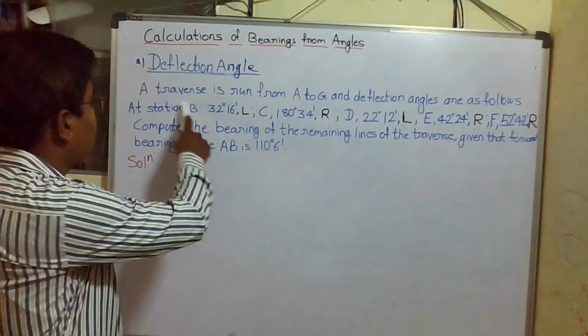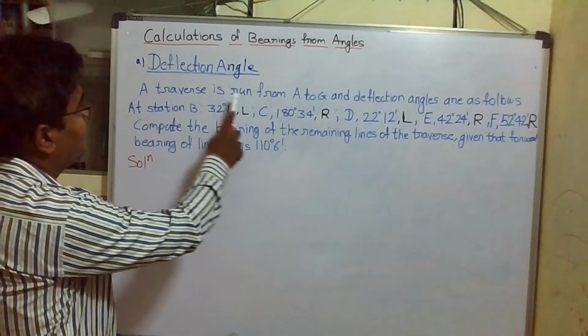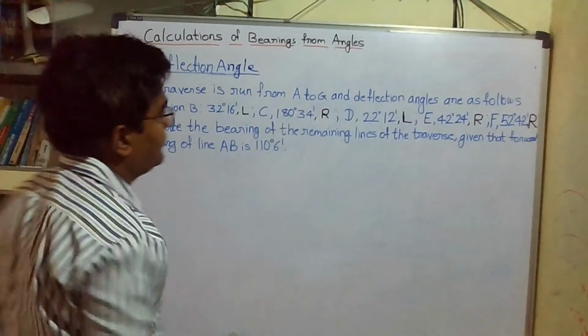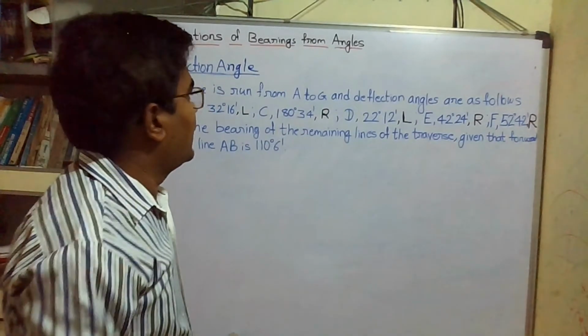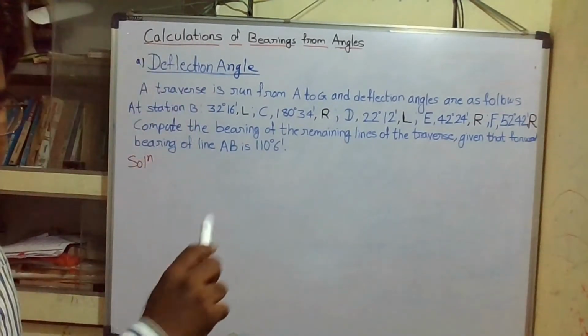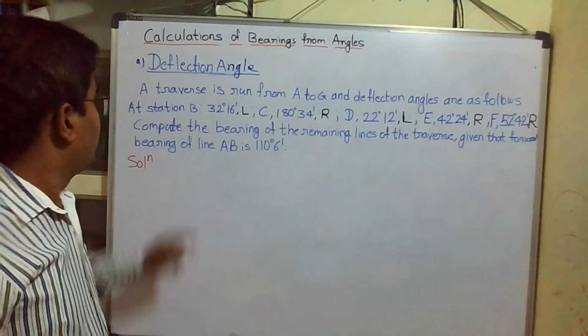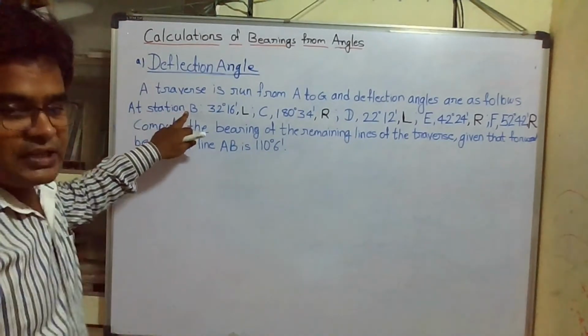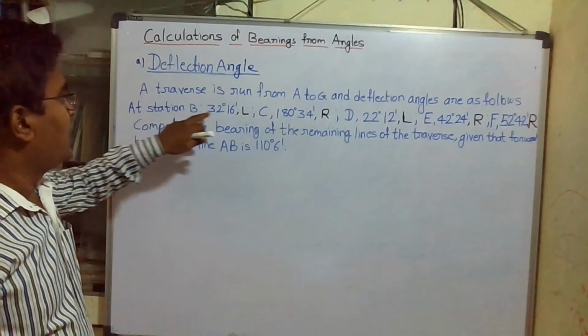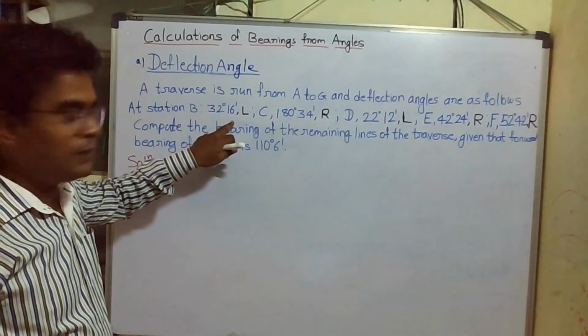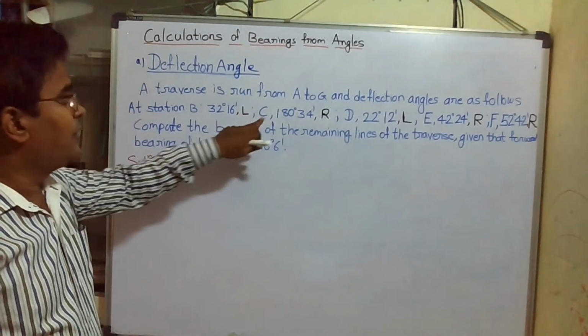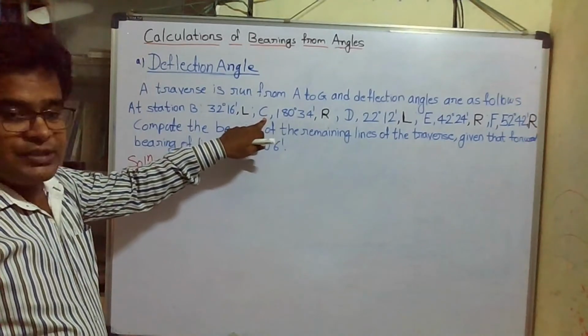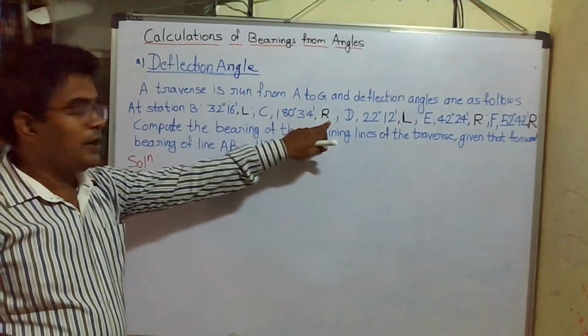Here is a problem given. The traverse is run from A to G and the deflection angles are as follows. There is one open traverse which runs from A to G, and the deflection angle measured at each station is given. At station A, the angle is 30 degrees 16 minutes and the deflection is left hand. At station C, the angle is 180 degrees 34 minutes and the deflection is right hand.